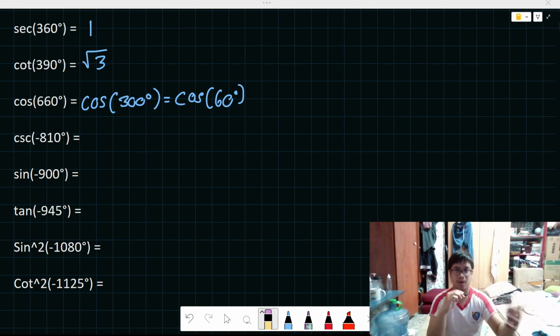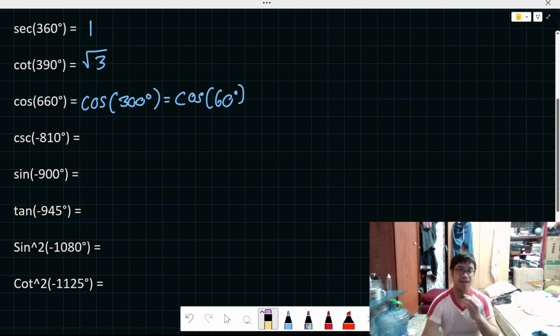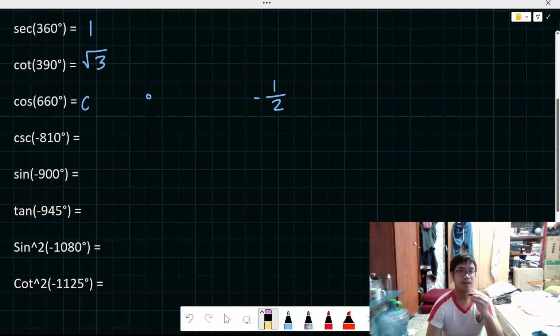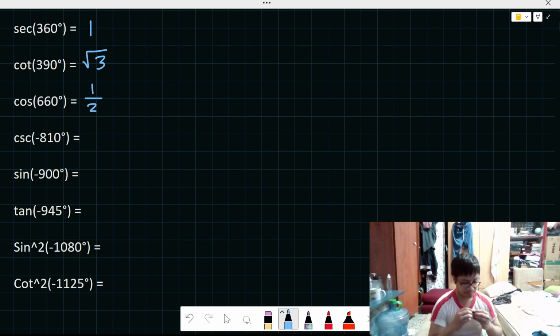Now square root it: 1. Now divide by 2: 1 half. So cosine of 660 degrees is positive 1 half. There you go.